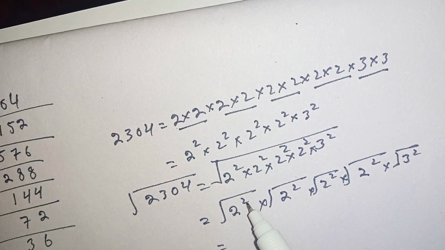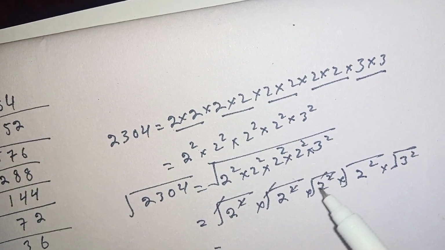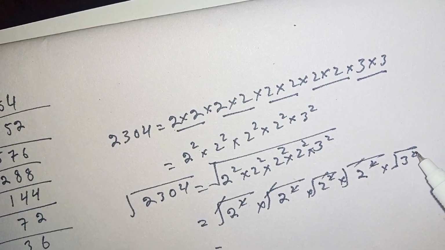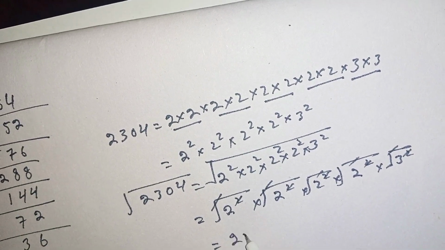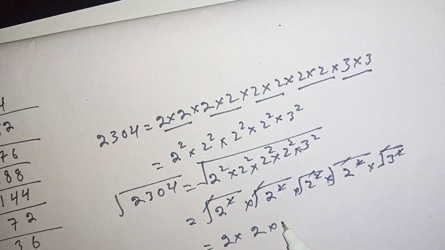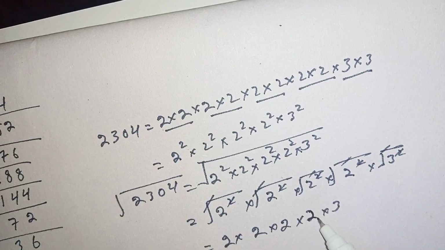Now we will cancel out the square with the square root in each factor. So the remainder is 2 multiplied by 2 multiplied by 2 multiplied by 2 multiplied by 3, right?